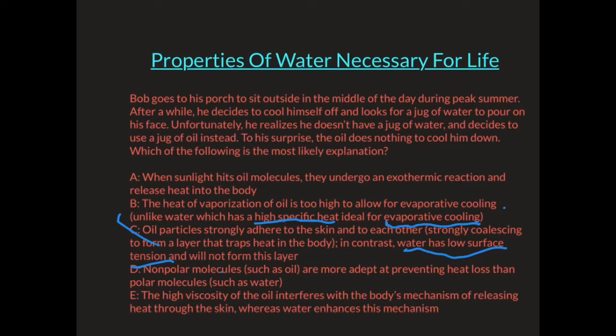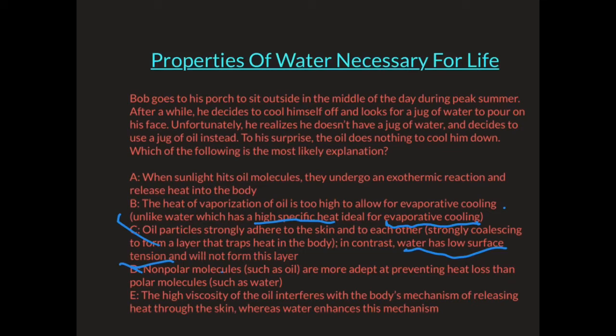If you think about it, there's not really any real evidence that just because of this charge difference, it's going to be any more or less adept at preventing heat loss. So it's possible that this is true, but based on the definitions of these things, heat loss isn't really relevant to the definition at all, and so this is probably wrong.